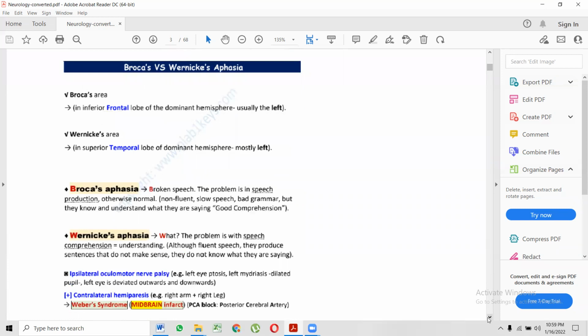Stroke can also lead to Broca's or Wernicke's aphasia. Broca's area is present in the frontal lobe, while Wernicke's area is present in the temporal lobe. Broca's aphasia means broken speech.